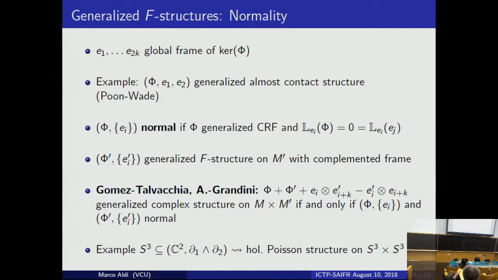And then you have the following generalization of Morimoto's theorem: you can look at the product of M and M' and construct a generalized almost complex structure given by phi and phi'.